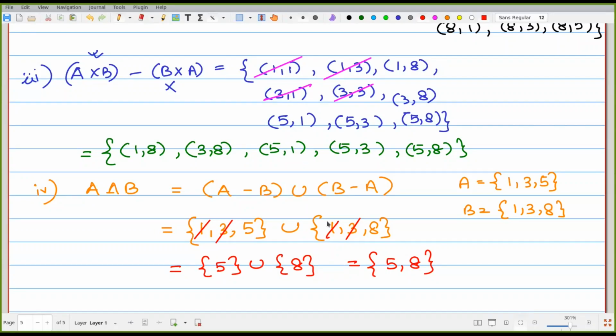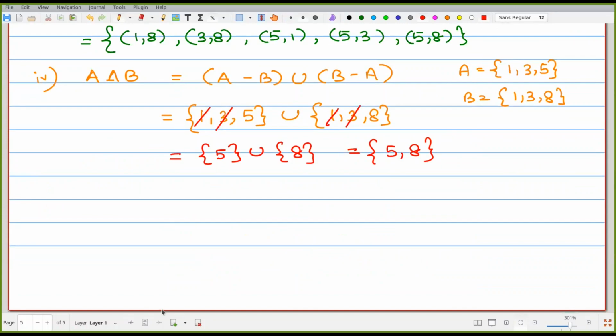Okay, next one, we should proceed with another thing, that is the word problems. Now the word problems, maybe we can prove using a Venn diagram, using written form, or any other type of way. So we should proceed with both.